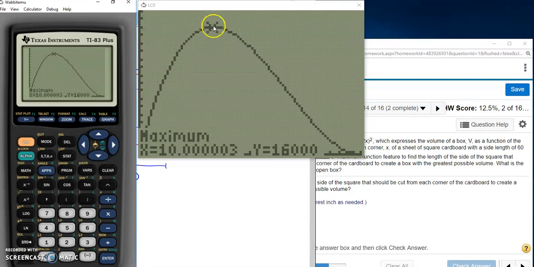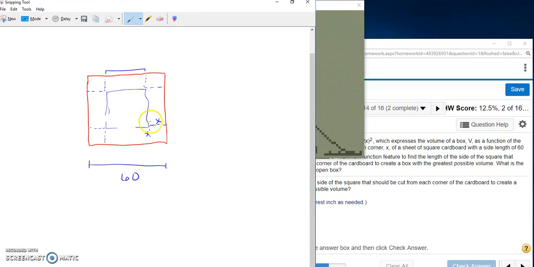And it finds that the maximum is at x equals 10, and it gets us the y value of 16,000. Meaning, if we cut out squares that are 10 by 10, that will maximize the volume of this box, right? It's going to fold up to make a box. Something like that.